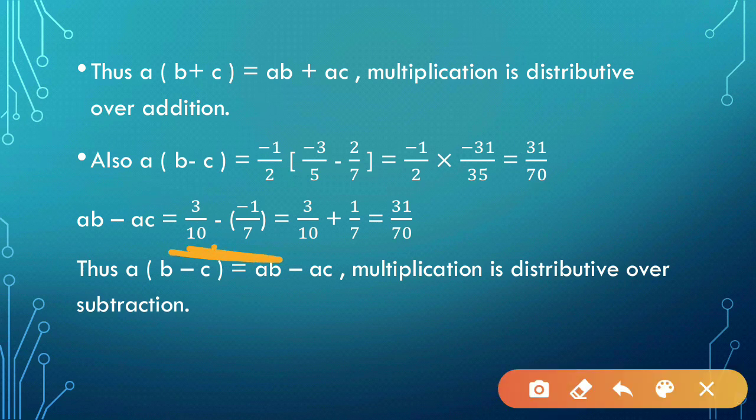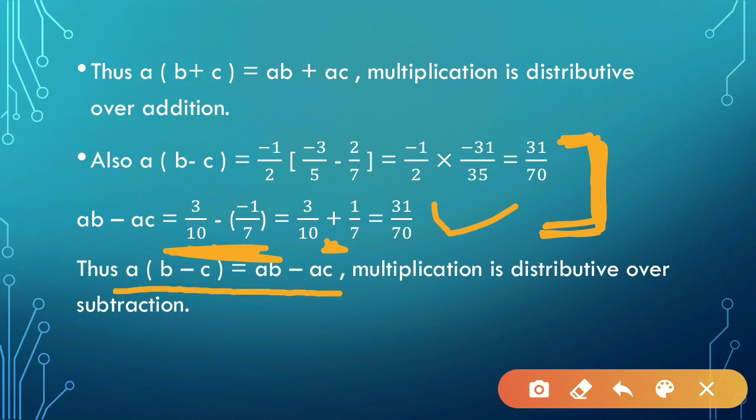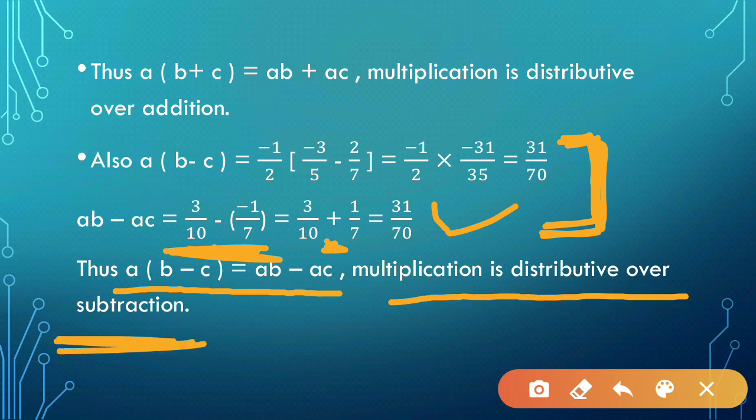So just subtract them. This minus minus will become plus. And when you solve this, you will get 31 by 70. And as you can see here, both the values are the same. That means A into B minus C is equal to AB minus AC. Multiplication is distributive over subtraction.